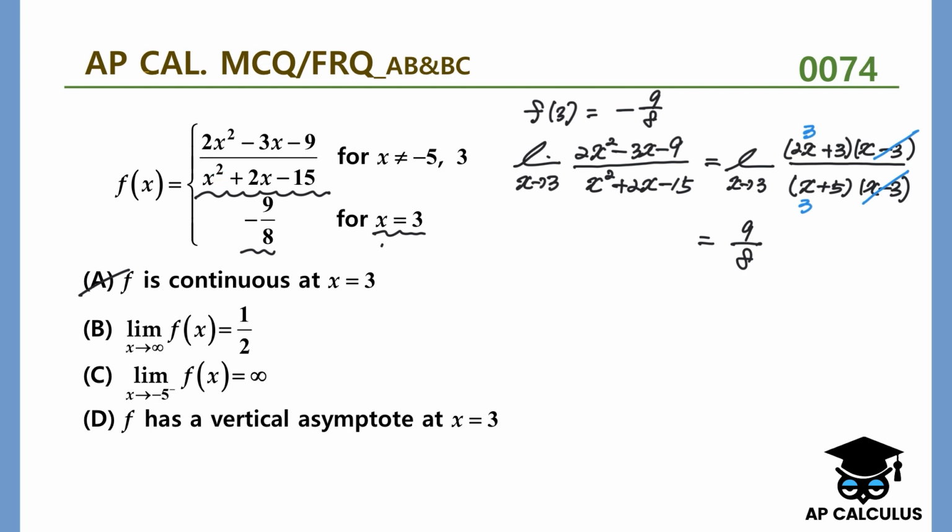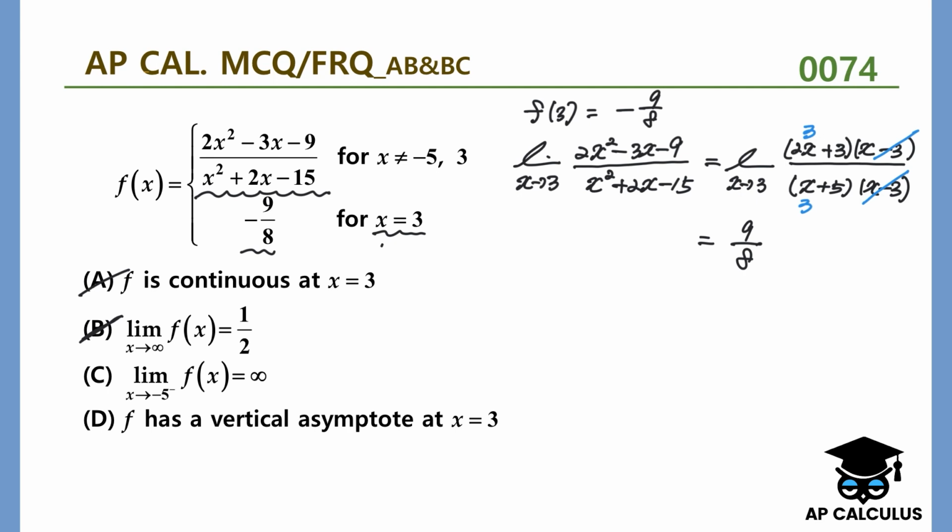The degree of the numerator is also 2, I mean, highest degree. And if the degrees are the same, then the horizontal asymptote is always equal to the leading coefficient of the numerator over the leading coefficient of the denominator, which is equal to 2/1. Not 1/2. So B is not true.